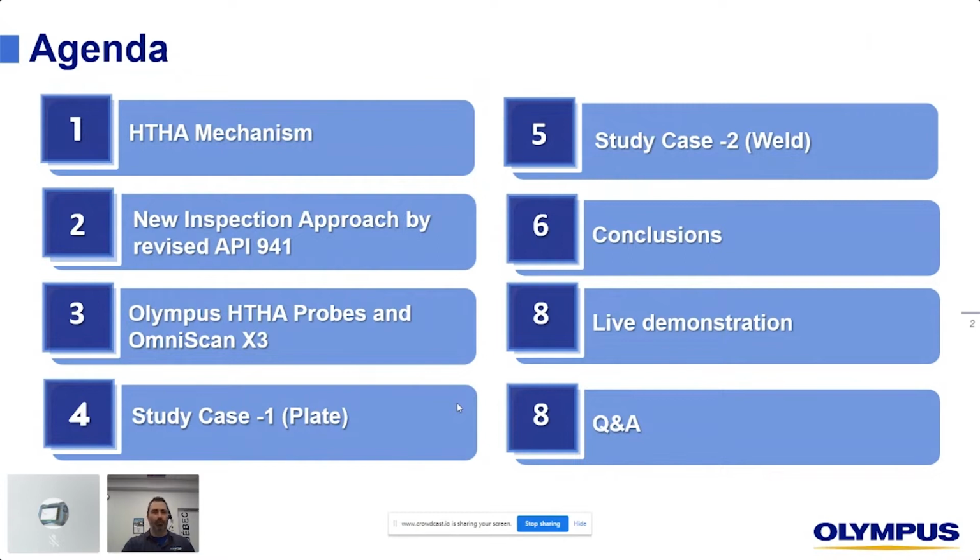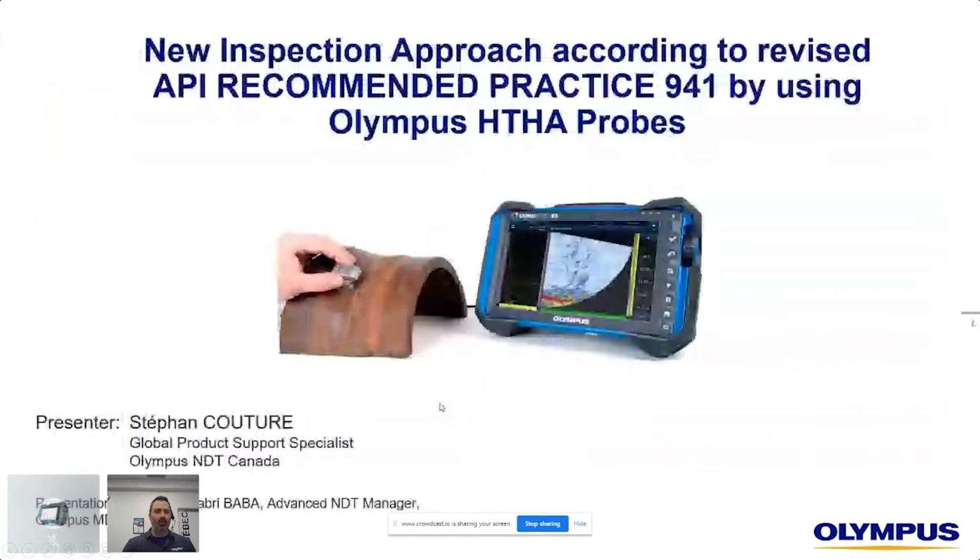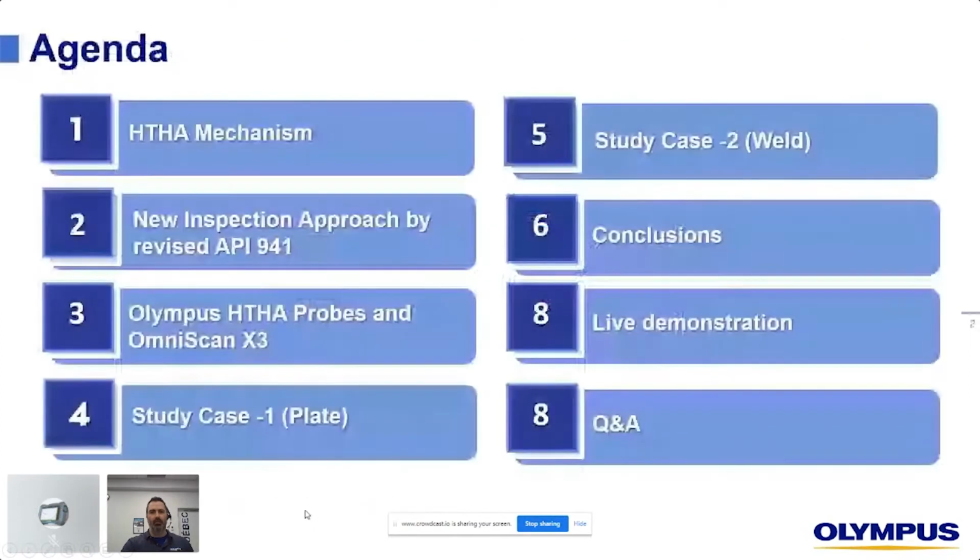What makes it a great combo? Then two study cases. As you may have seen, this presentation is courtesy of a colleague in Dubai, so thank you for that. Conclusion, demonstration, and of course a Q&A session where we will answer all of the questions at the end of the presentation.